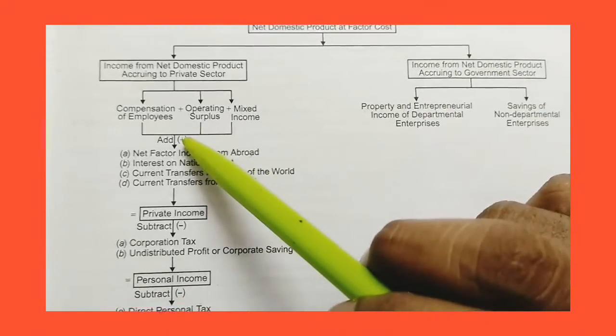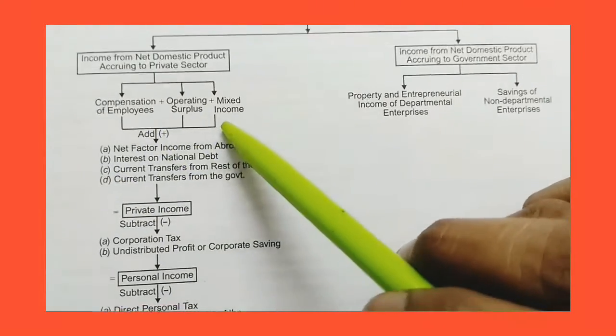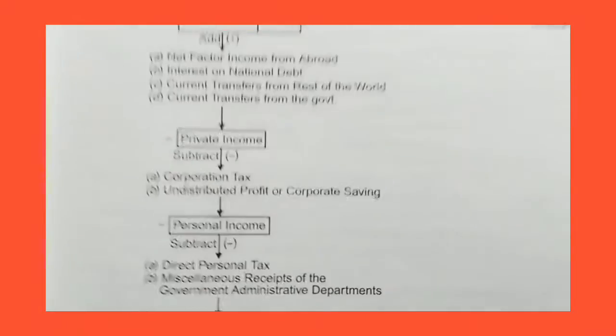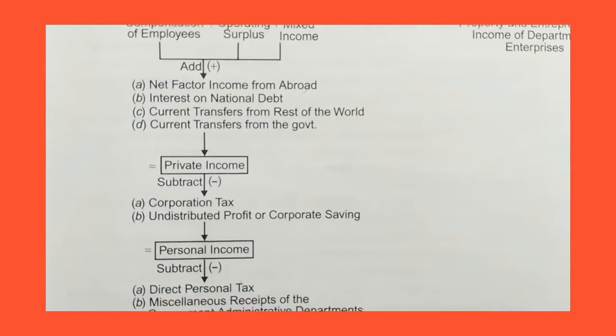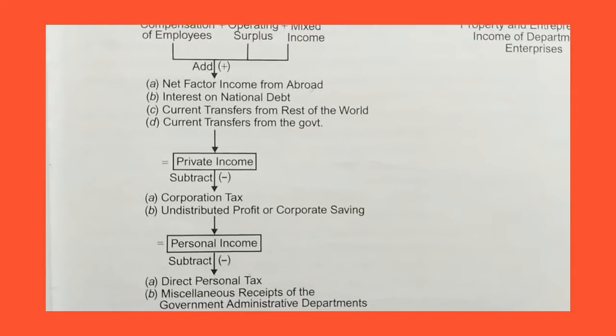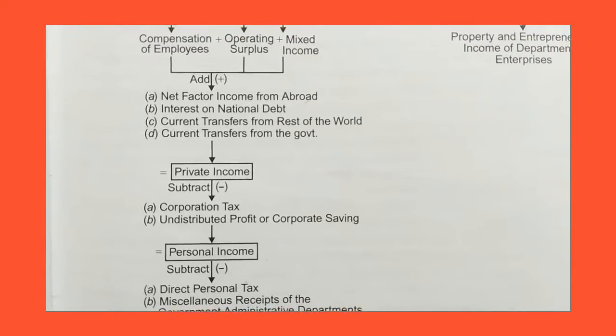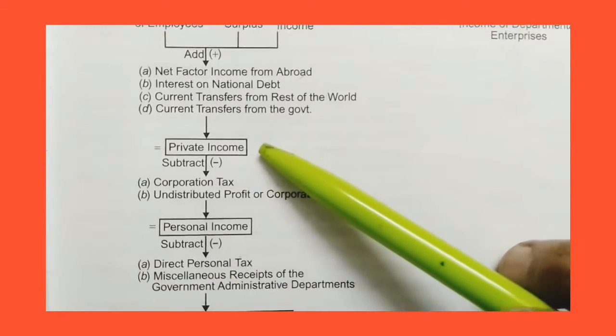Here, if we add compensation of employees plus operating surplus plus mixed income, and add net factor income from abroad, interest on national debt, plus current transfers from rest of the world plus current transfers from the government, we get the private income.